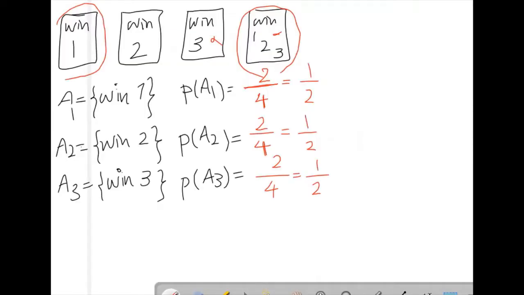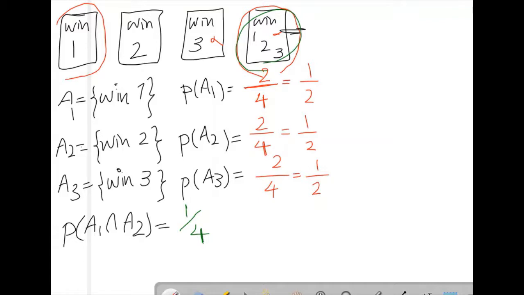A1 intersection A2 means win prize 1 and prize 2. In one case you will win prize 1 and prize 2, if you choose slip 4. So the probability is 1 divided by 4.